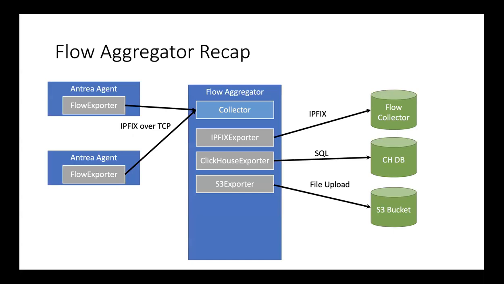So a quick recap. I know that some of you work on the flow aggregator, have worked on it, or use it, so you are probably familiar with that architecture already. Essentially, we have a component in the Antrea agent called the flow exporter.